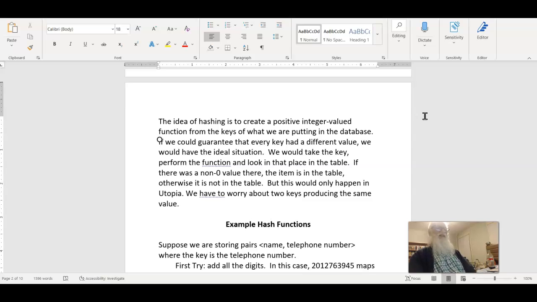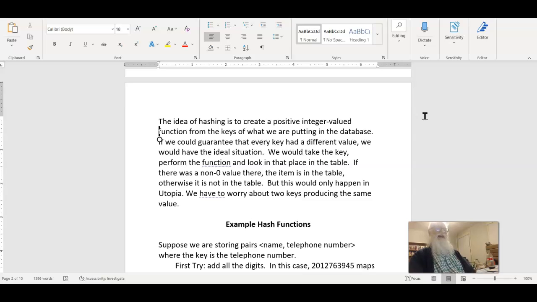The idea of hashing is to create a positive integer valued function from whatever we put in. So if you're putting in, say, telephone numbers and people's names, the key might be the telephone number. And so you're going to take this key and you're going to do something to it. Some kind of arithmetic, who knows what.